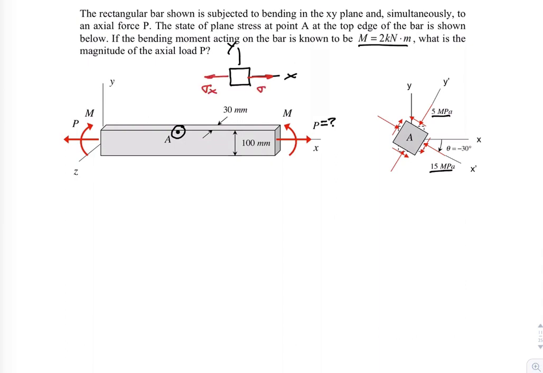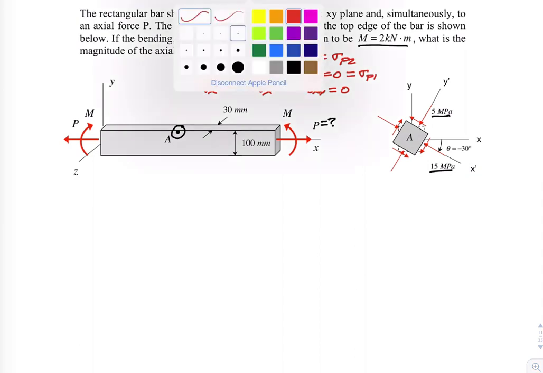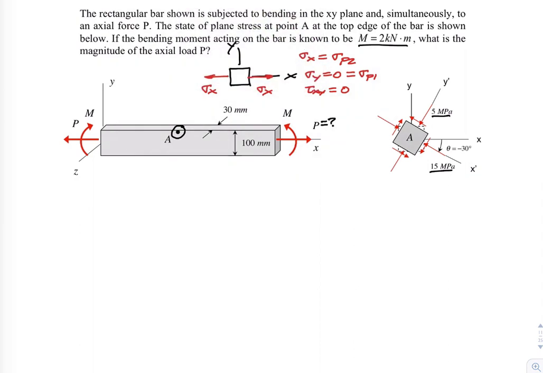This tells us that sigma x is going to be the principal stress sigma p2. The sigma y is equal to 0, so that's our sigma p1. And there's no shear stress that we see on that face, so tau xy is equal to 0. So that's one piece of information that we get from looking at the loading that's acting on that beam.